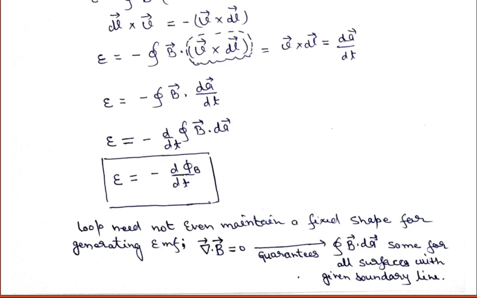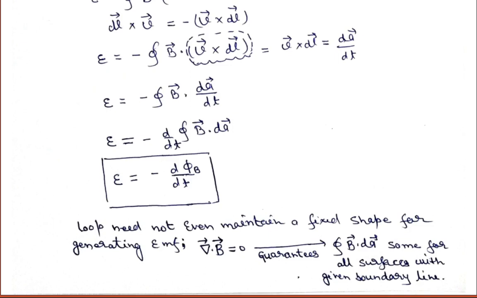This EMF is exactly equal to the change of flux that the circuit encloses in the magnetic field, the enclosed area A, B, C, D, A. So we wrote that the EMF in the motional circuit is exactly equal to the minus rate of change of flux.